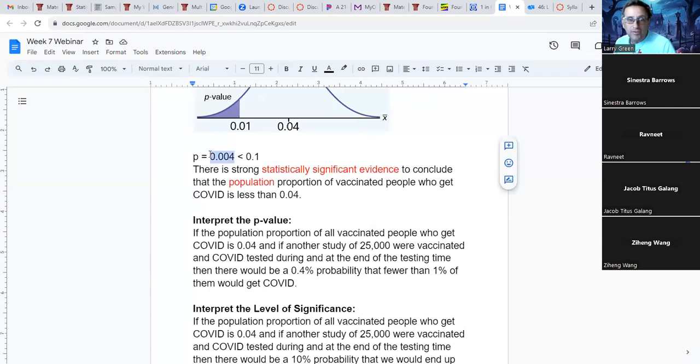By the way, if you move this decimal place two places, that makes it a percent, so it's 0.4%. There would be a 0.4% probability that fewer than 1%, because that's this 0.01, of them would get COVID.